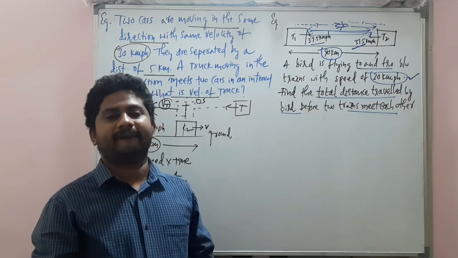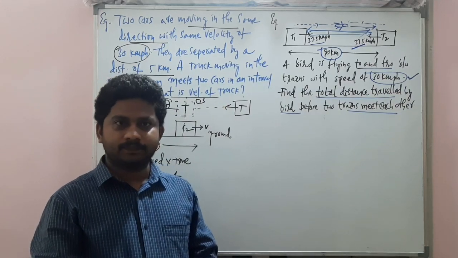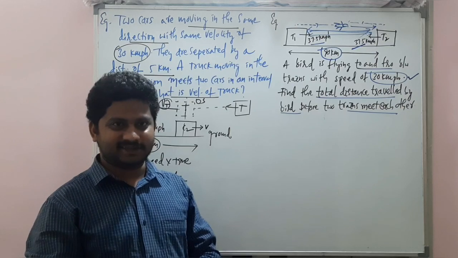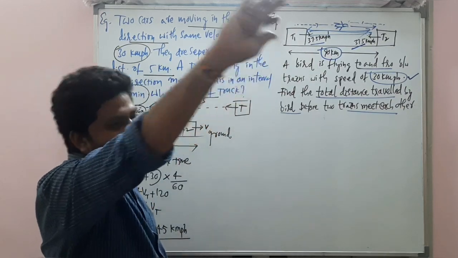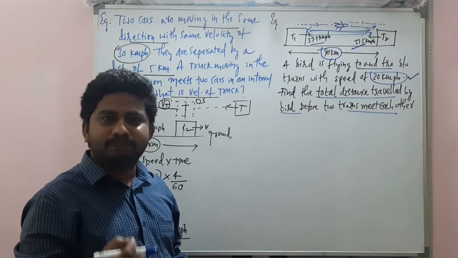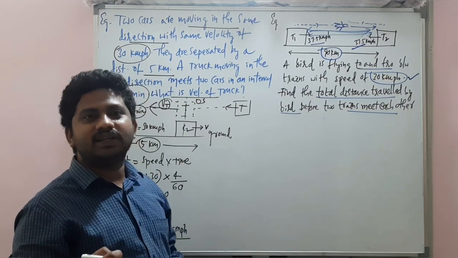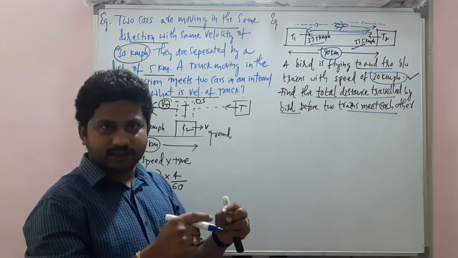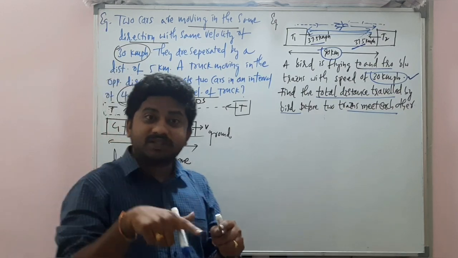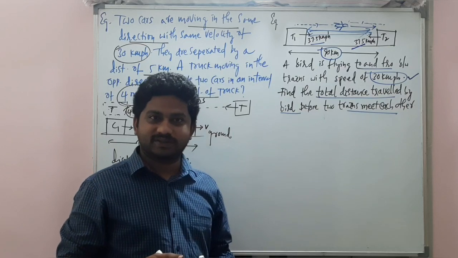That's the question. Is it interesting? 100% it is interesting. That's it. Forget about the bird now. You know simply what is the time taken by the two trains to meet each other, right? Because that much time it will make to and fro motions.